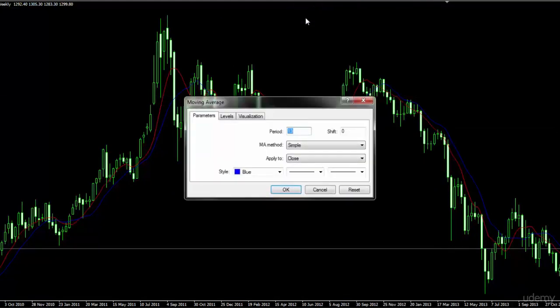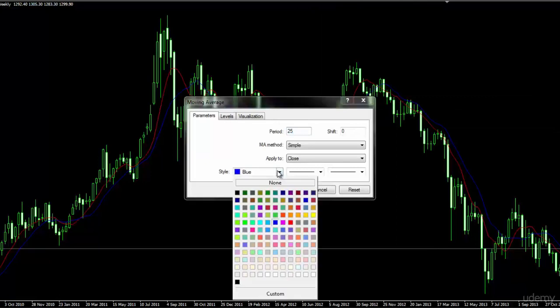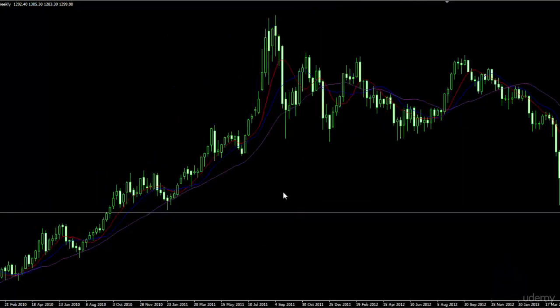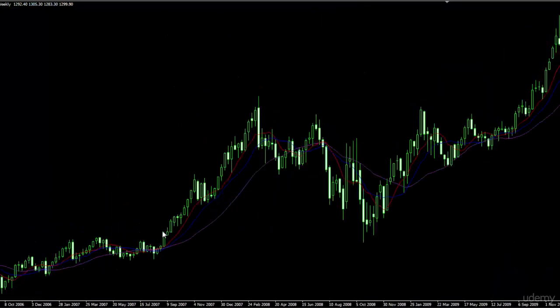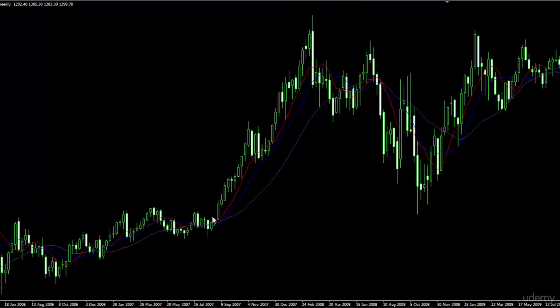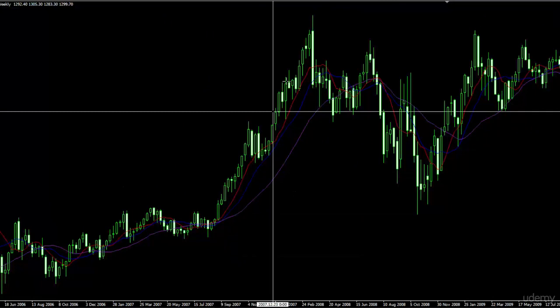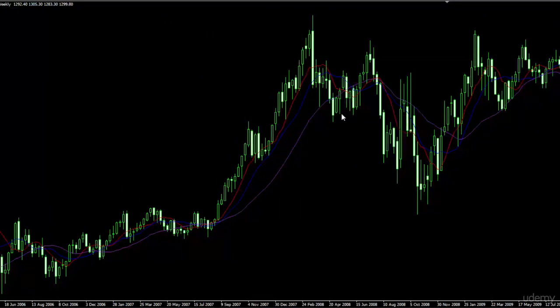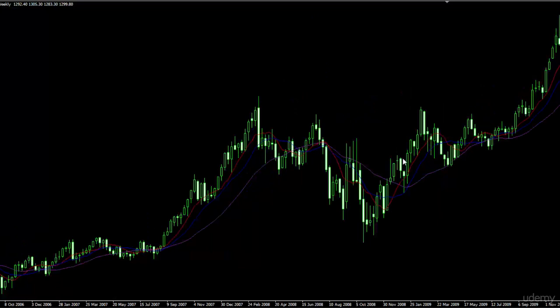Another SMA with 25 periods and dark orchid color can be inserted for more trustworthy indicators. Based on the principle, if an SMA with a higher period is placed under an SMA with a lower period, and the price moves higher than all SMAs, then there would be a good place to order a buy trade.